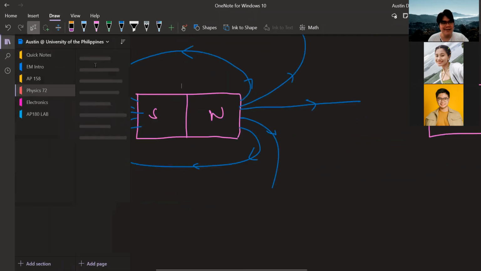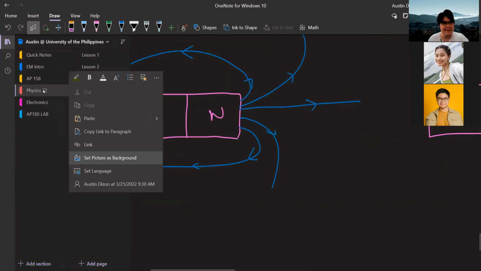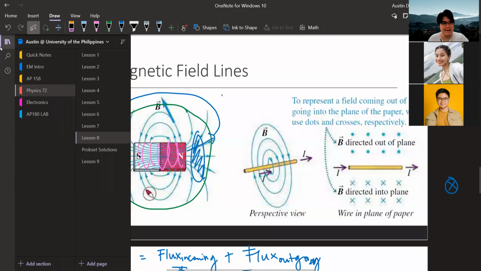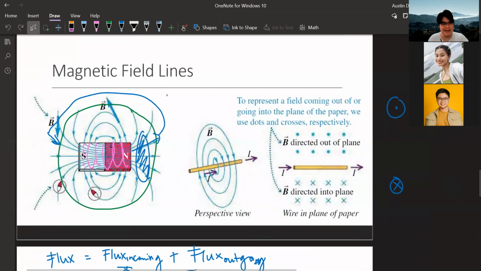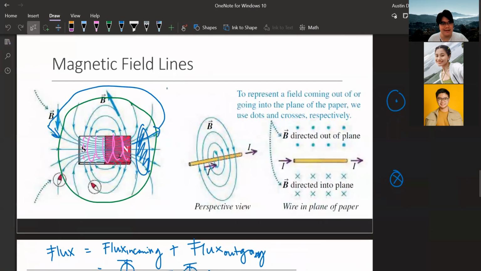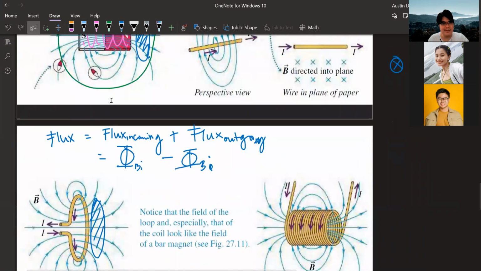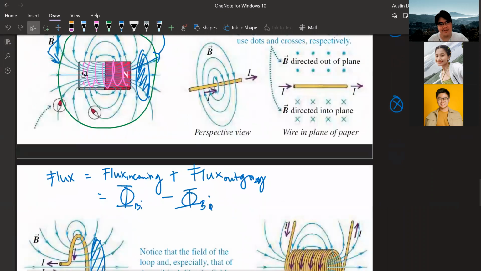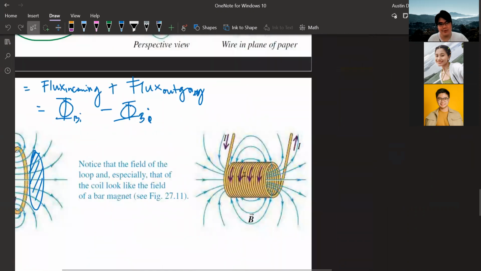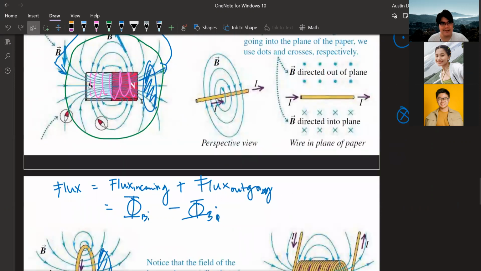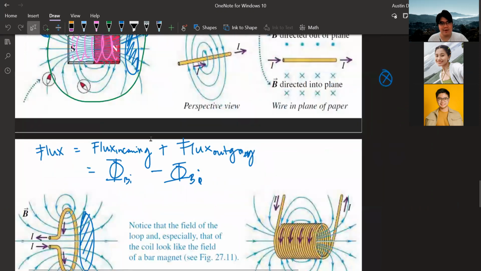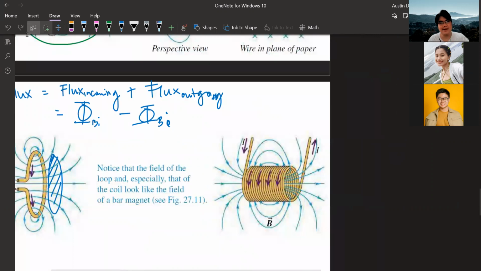Okay. And balikan natin yung lesson natin last time. I think that's here. Okay. This is the magnet. Ito yung drawing ko kanina. Di ba? And similarly, yung field na ganyan yung itsura is also produced by these coils of current. Okay, so these coils of current can produce the same configuration of magnetic field like the magnets that we have. Okay.